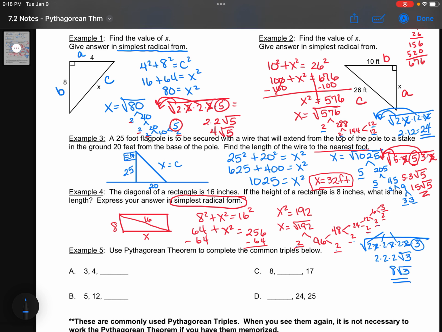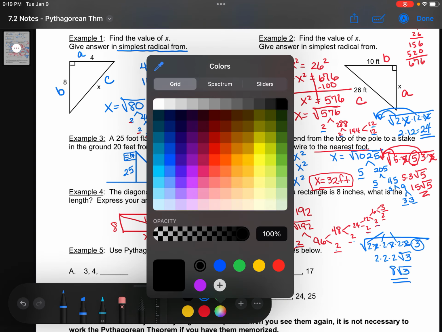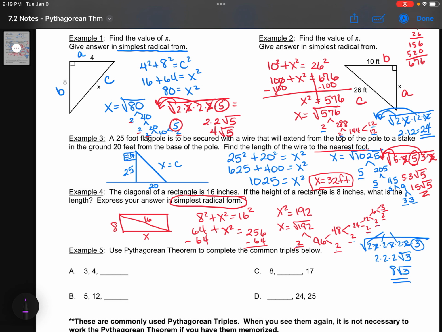Okay, triples are kind of magic Pythagorean theorem triangles because all 3 sides are whole numbers. When we talk about triples, we're talking about all 3 sides being whole numbers.